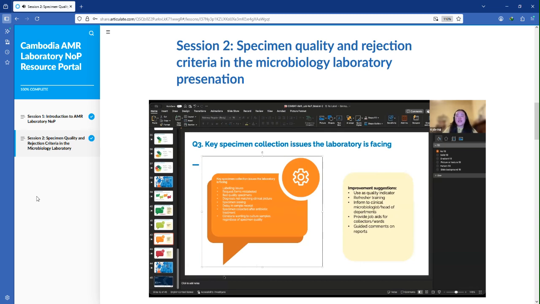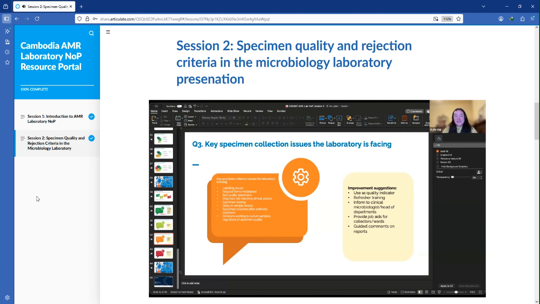Yeah, so I think it was Ratha who spoke about tissues being received in formalin. So I agree. I think most times we would actually think about rejecting them, but there are odd times when the tissue sample is too precious to reject. So we would continue to culture them and put in a comment that says something like, specimen received in an unsuitable container, microbiologist please interpret results with caution, or something like this.